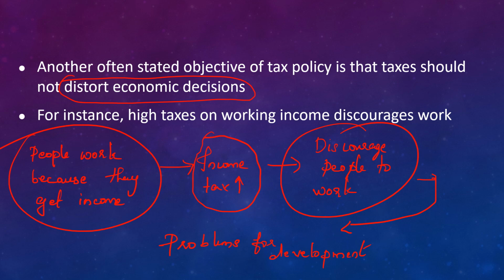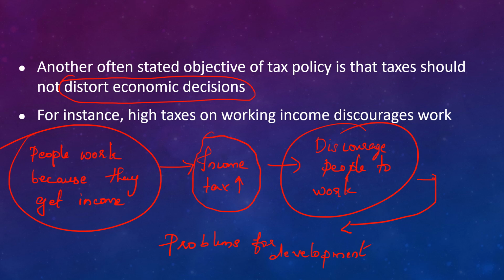So that is what you call a distortionary economic decision as a result of rising tax. What the government has done is that the government has just increased the income tax. So as a result of the increase in income tax, people will think, why should I go and work more? For more hours, why should I work? Because even if I work for more hours, the extra income that I get will be taxed by the government.